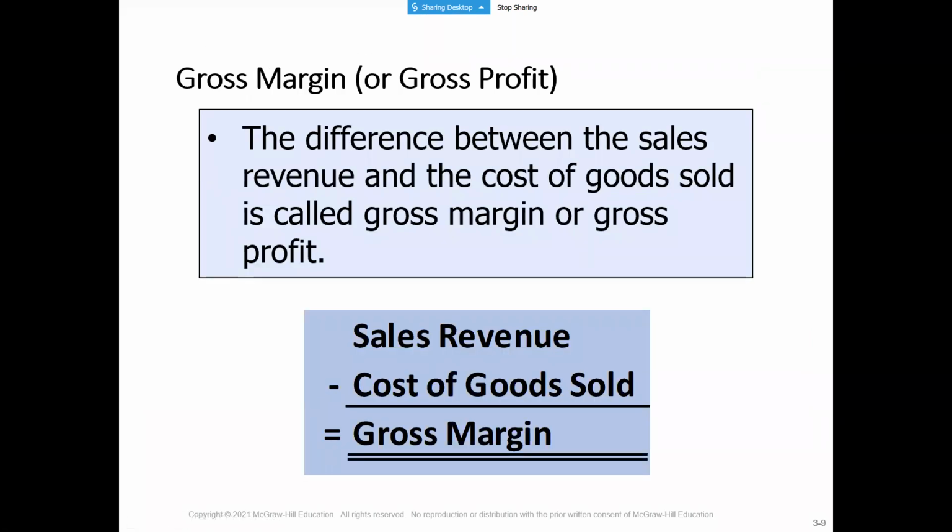So the difference between our selling price and our cost of goods sold is what's called gross margin or gross profit. It goes by a number of different names. Those are the 2 most common terms. Basically, what this figure means is how much the company generated in earnings by just buying and selling product.